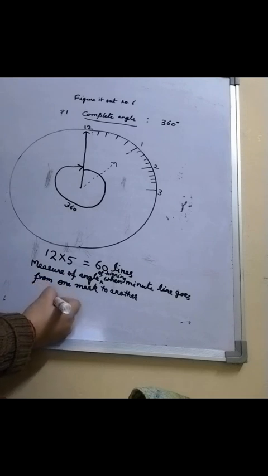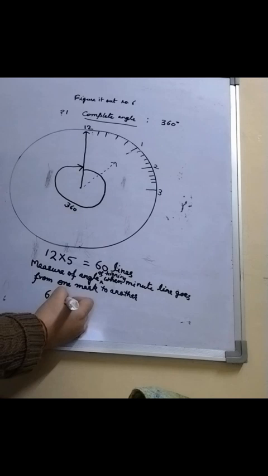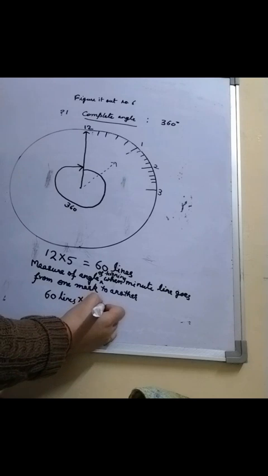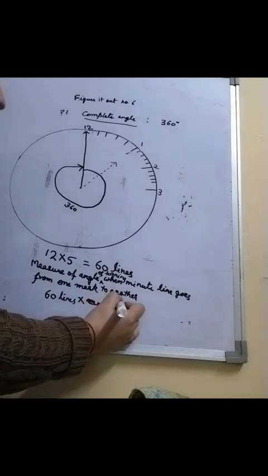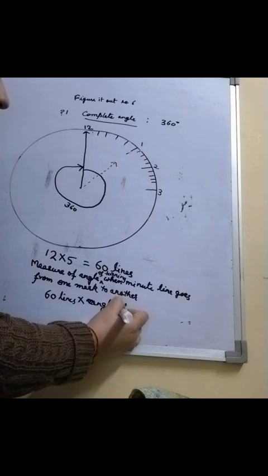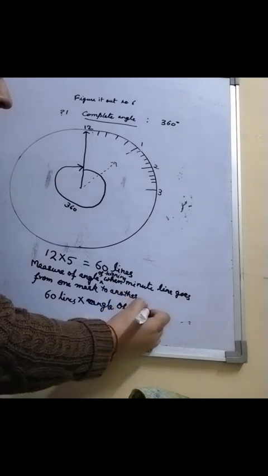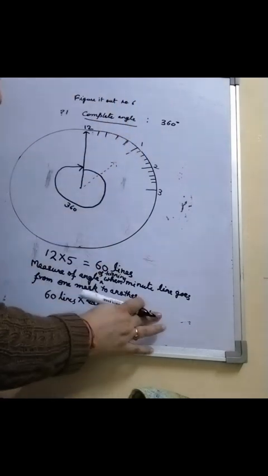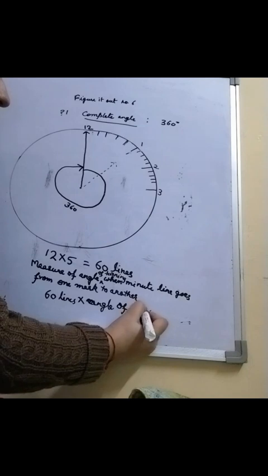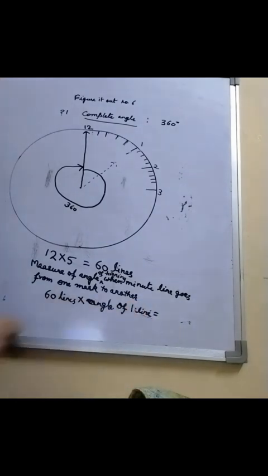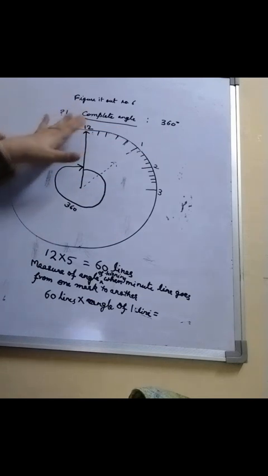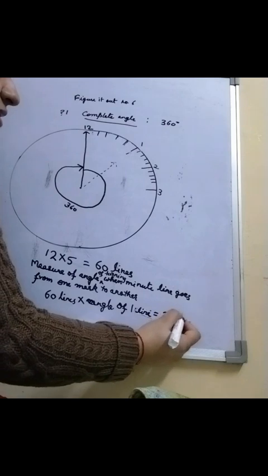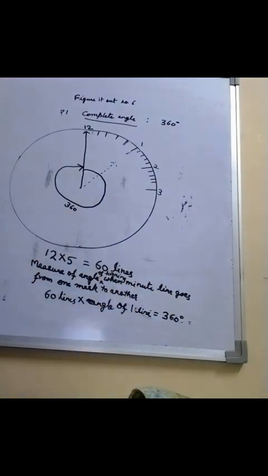There are 60 lines into the angle of one mark. Mark means these lines I am saying. So you can also write the angle of one line. If you multiply 60 with the angle of one line, then you get the total angle as 360 degrees.